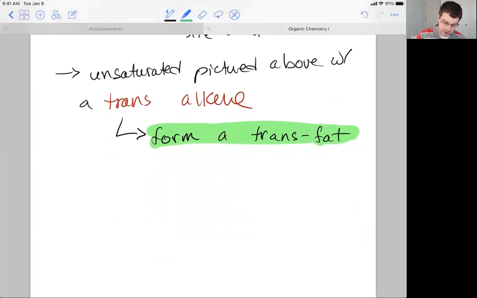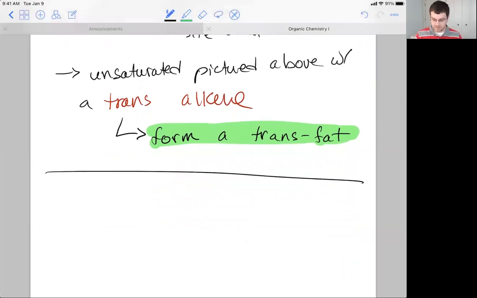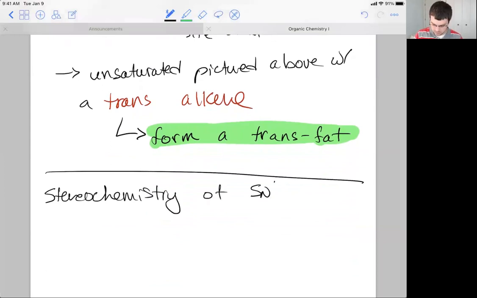Okay, with that, let's wrap up this lecture by talking about the stereochemistry of SN1 E1 processes. That is to say that all stereoisomers form.